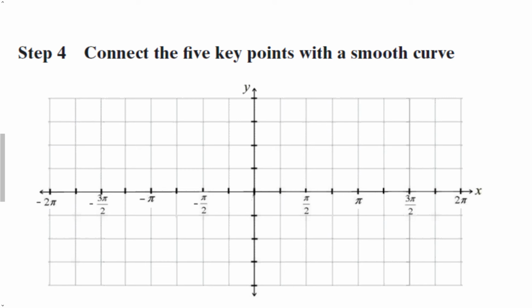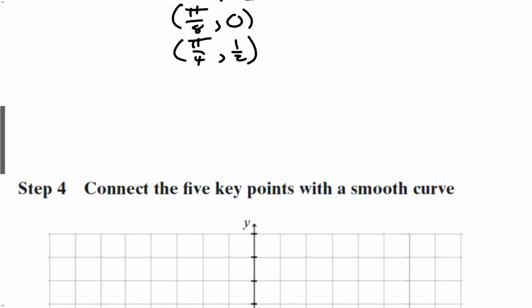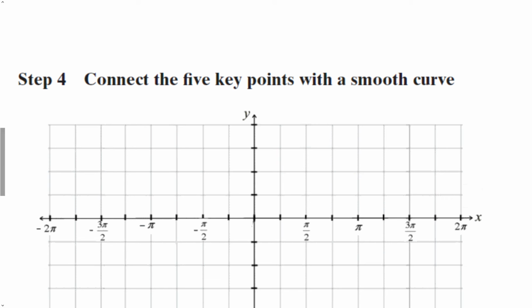Now we just go ahead and graph them. Smooth curve. The function starts at negative pi over 4, 1/2. So let's just call this 1. Let's keep this nice and flat. So negative pi over 4, it starts at 1/2, 0, negative 1/2, 0, 1/2.